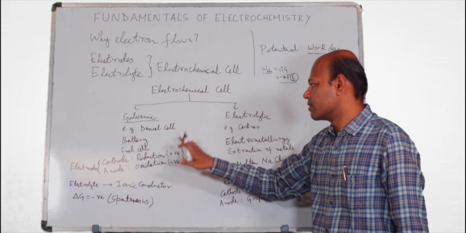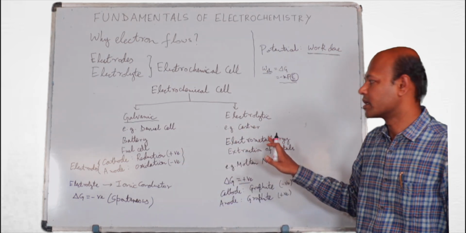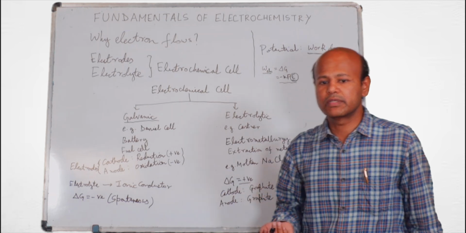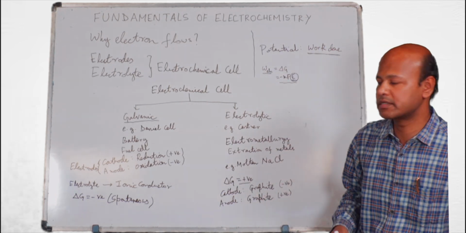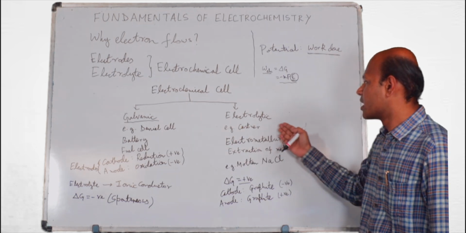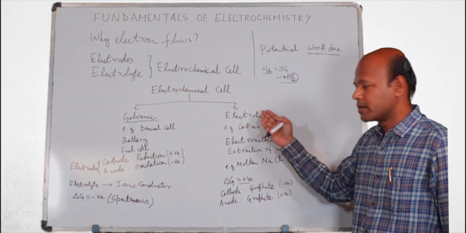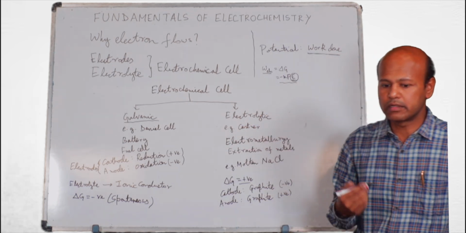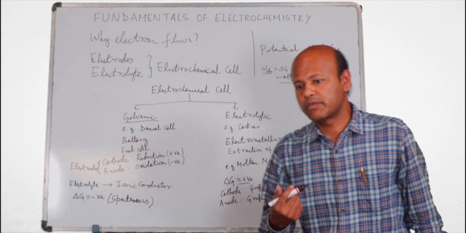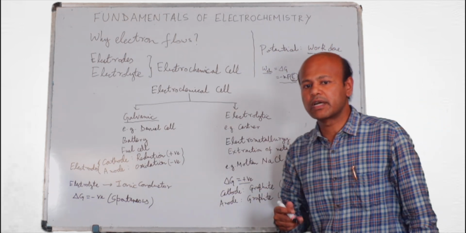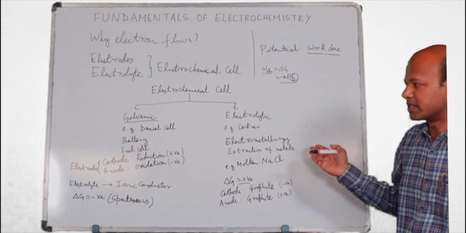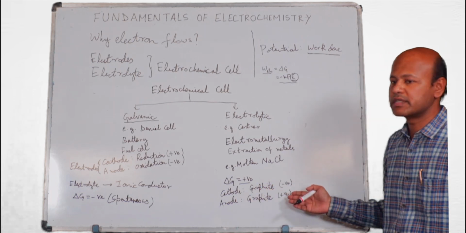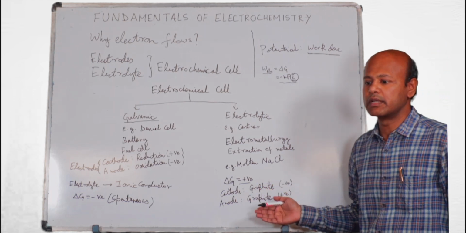Their difference in operation is that a galvanic cell gives electricity from chemical reactions, and an electrolytic cell is splitting: through the passage of electric current, the chemical reaction happens. And the difference is also the nature of the electrodes.